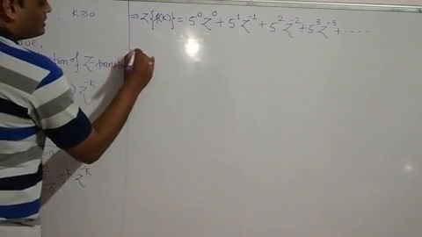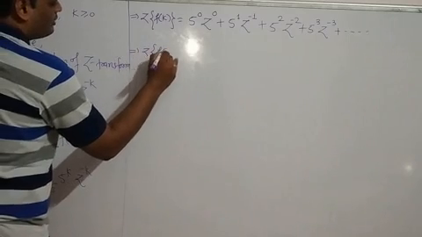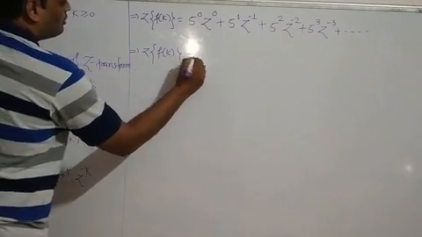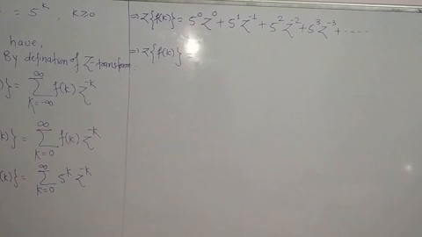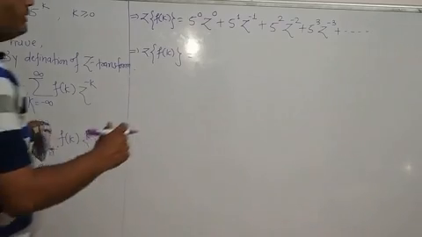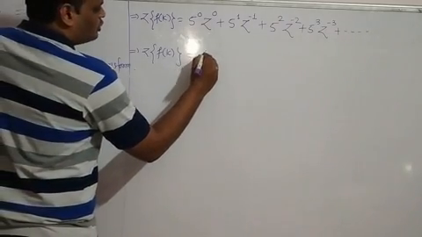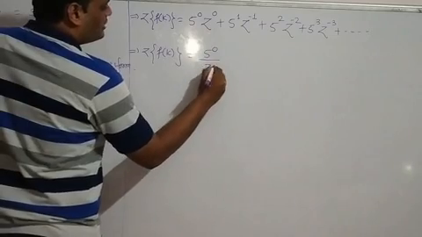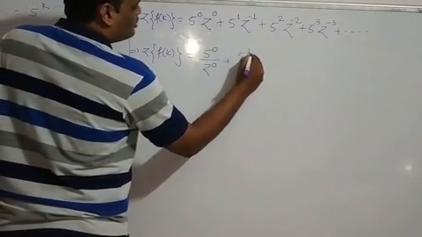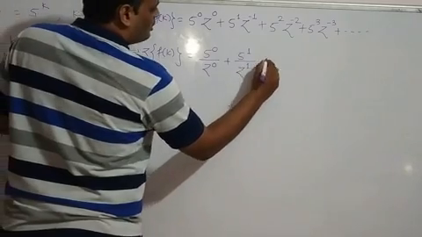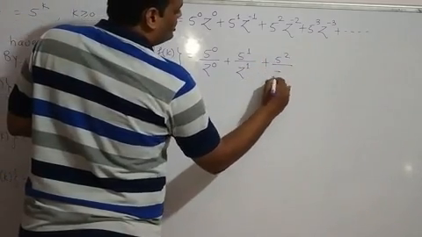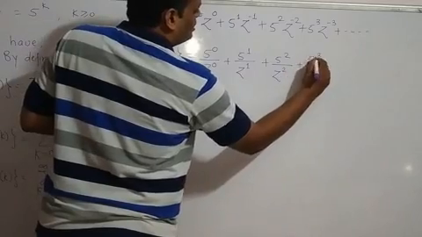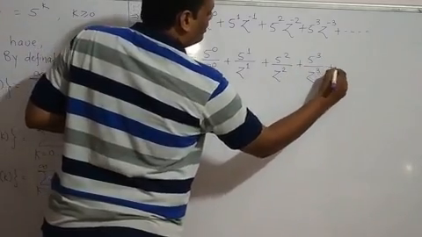So that implies Z of f of k is equal to, now you can see the power of z is negative, and we have to make it positive, so I'll take z in the denominator. So you have 5 raised to 0 upon z raised to 0 plus 5 raised to 1 upon z raised to 1 plus 5 raised to 2 upon z raised to 2 plus 5 raised to 3 upon z raised to 3, and so on.